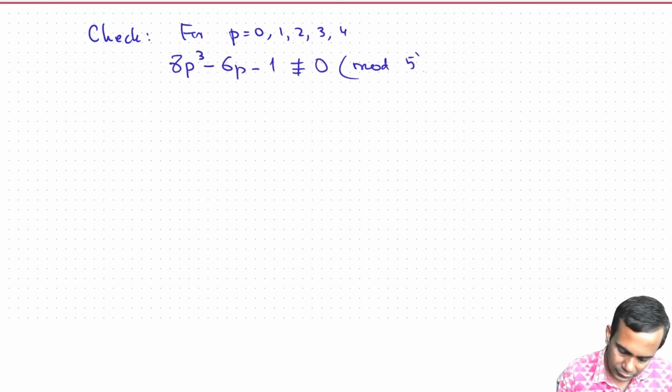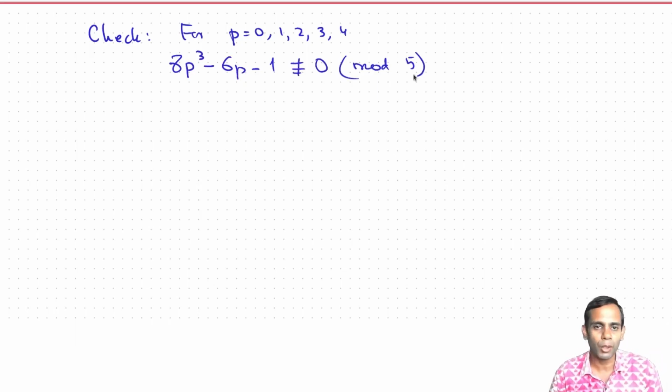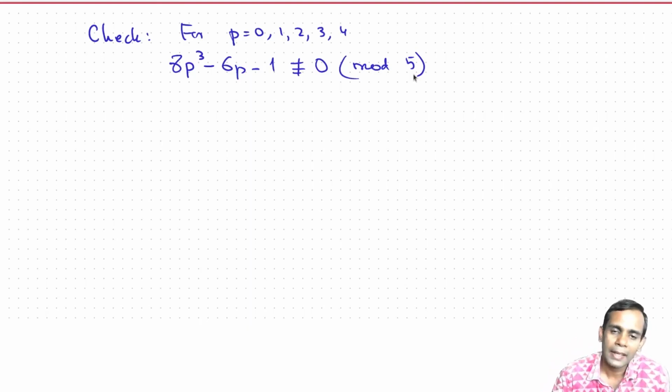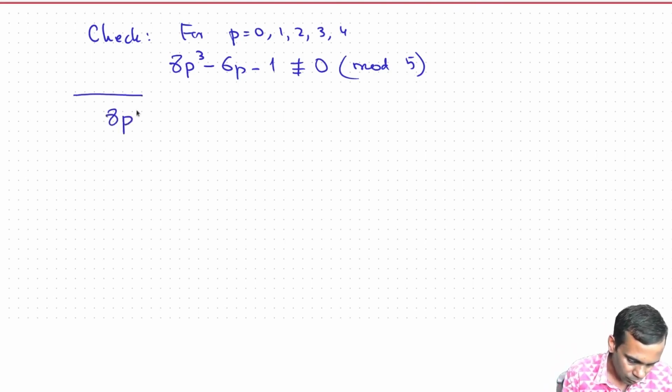If you had an integer solution, it would also be a solution mod 5. But since you can just brute force check that it doesn't have a solution mod 5, it cannot have an integer solution. So what we have is that 8x cubed minus 6x minus 1 is irreducible.